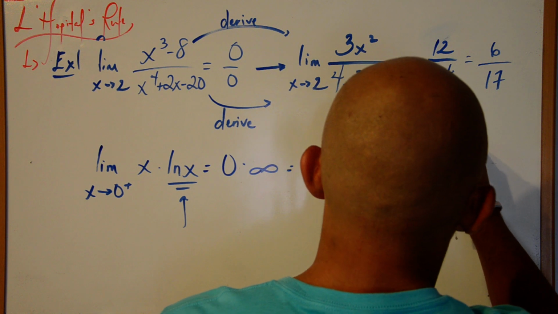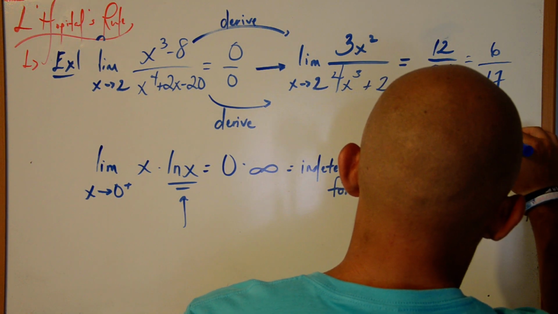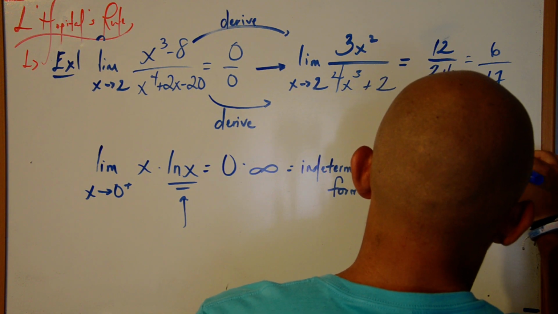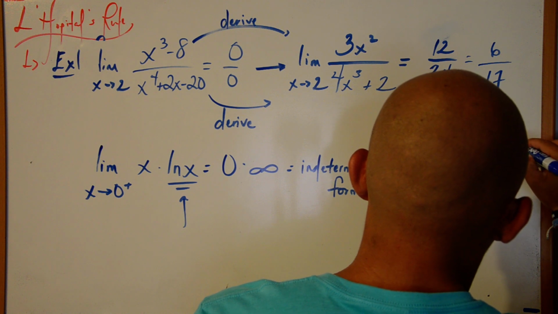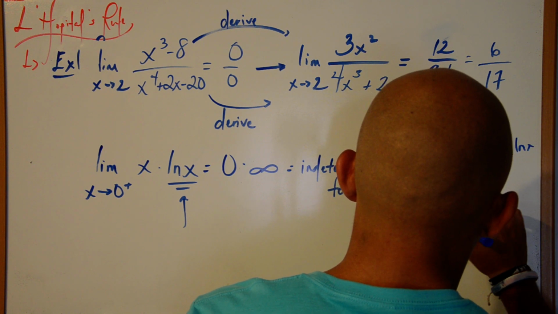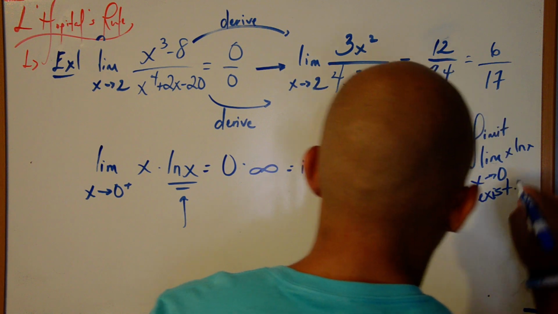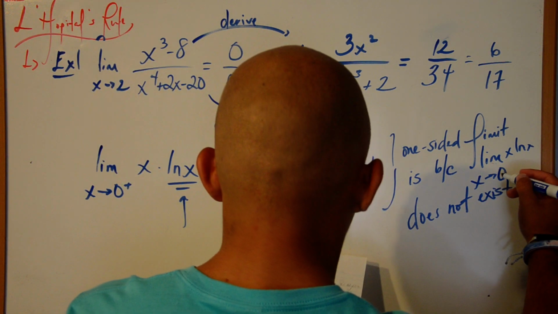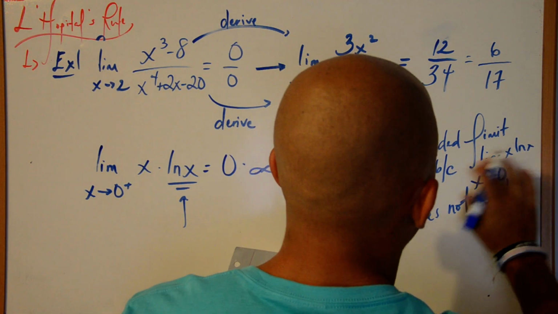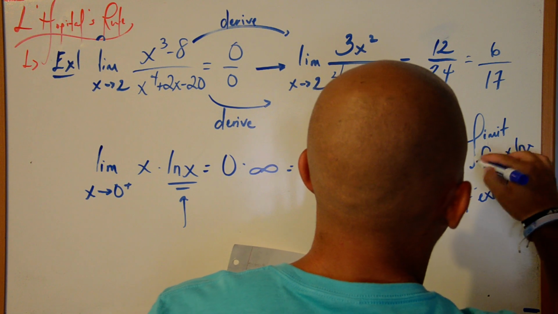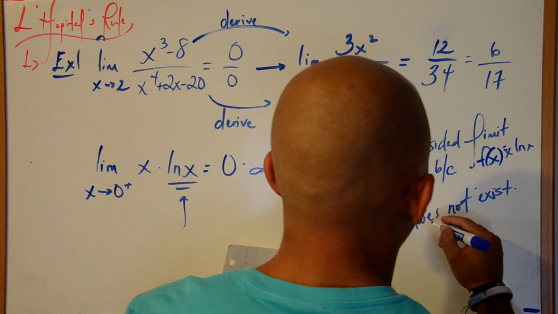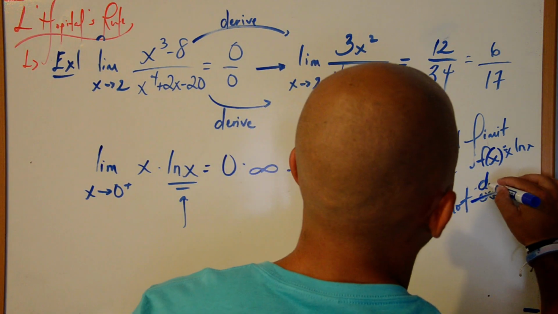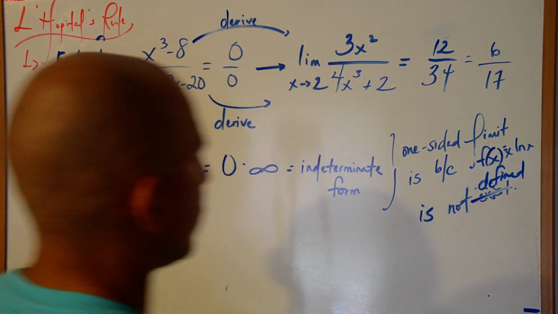And the reason why we are evaluating this as a one-sided limit is because the limit as x approaches 0 of this function does not exist, because this function is not defined at that value.